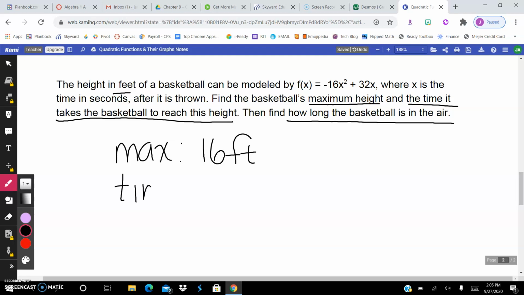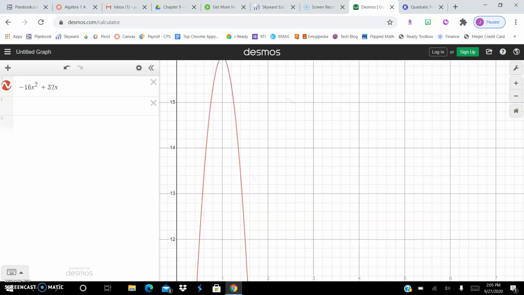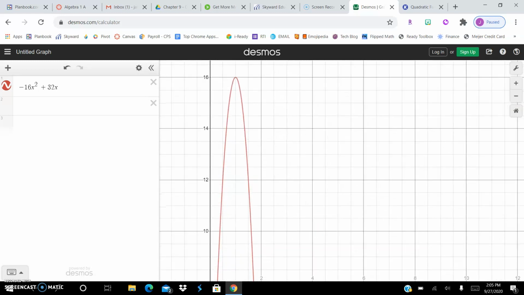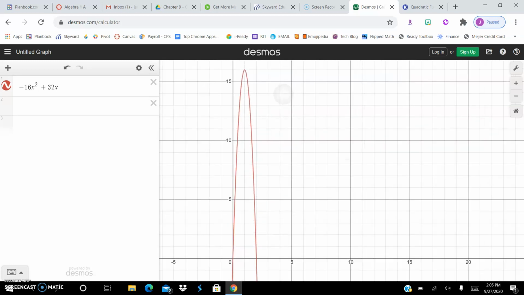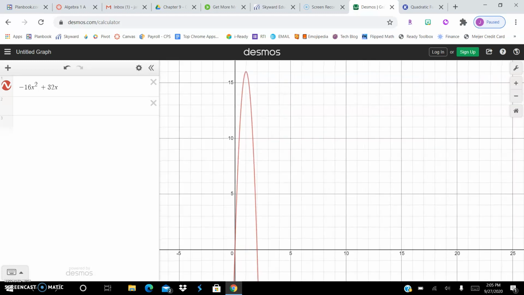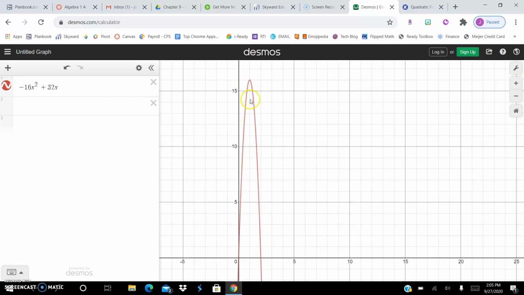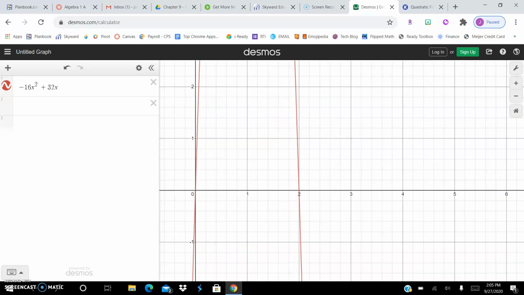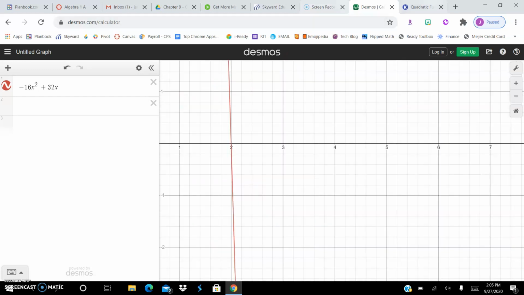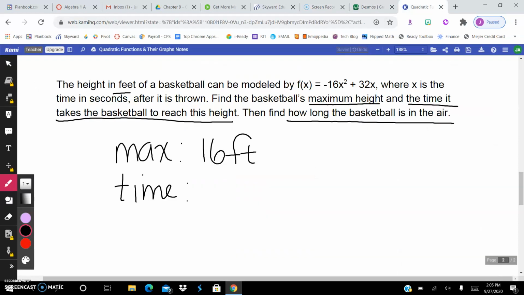The time it took to get there would be our x value. If I scroll back out, we're at 16. If I come straight down, right down here, the time it took would be our x value down here. So that looks like right in the middle would be 1. And time is in seconds. So this would be 1 second it took the basketball to reach 16 feet.